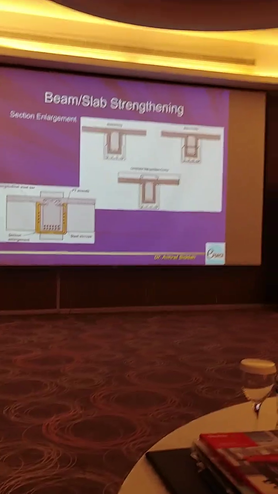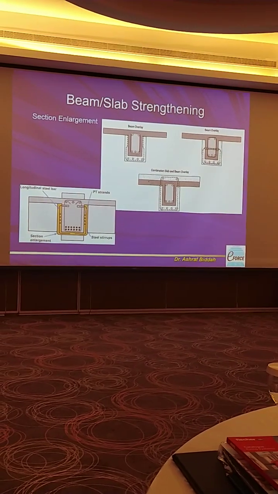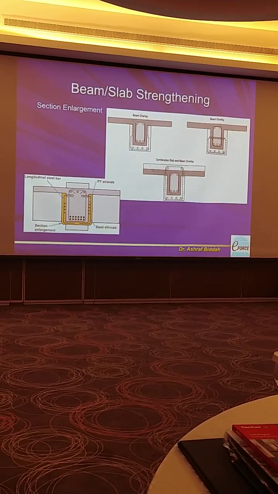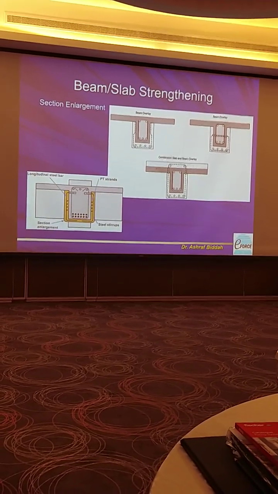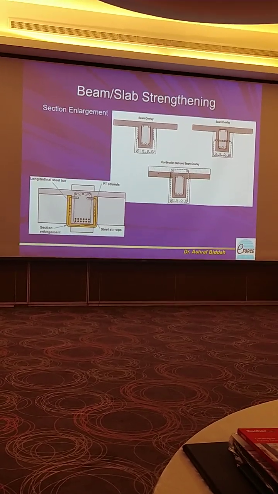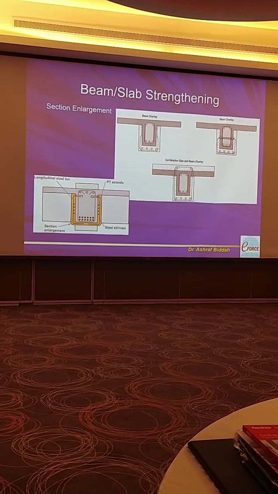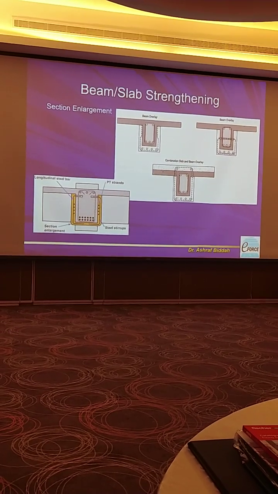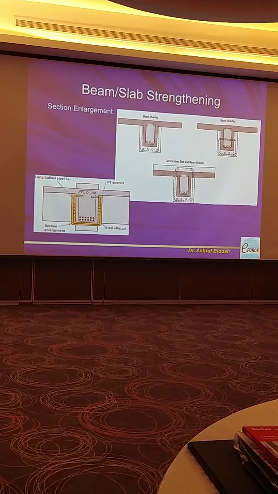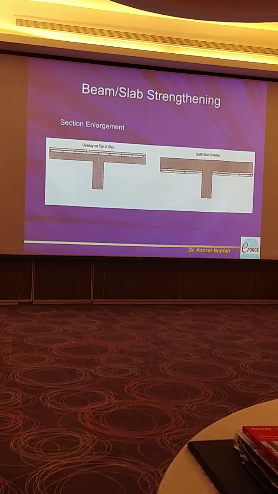Beam strengthening and slabs, either by enlargement of beams. The enlargement of beams can be all through if you have an overlay, or it will be three sides, like you can see here, with anchors.